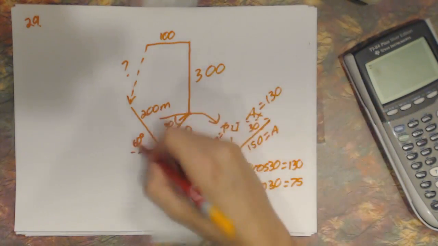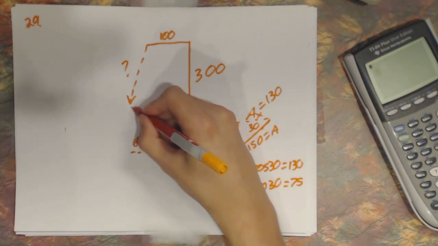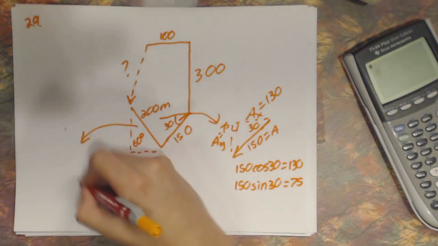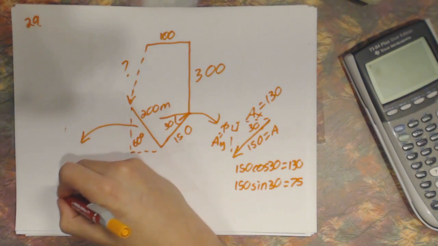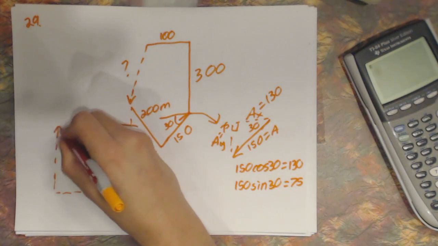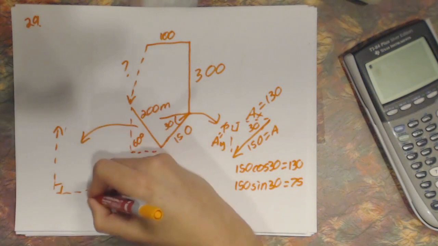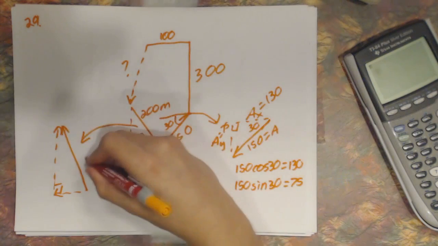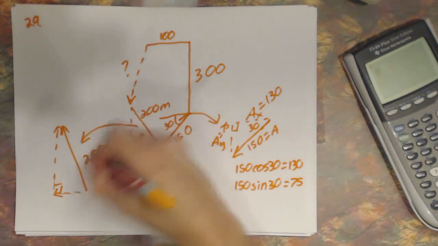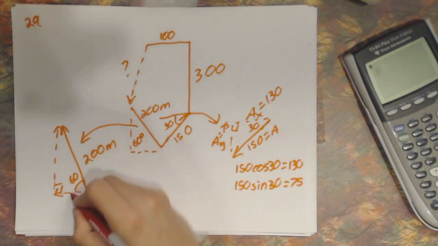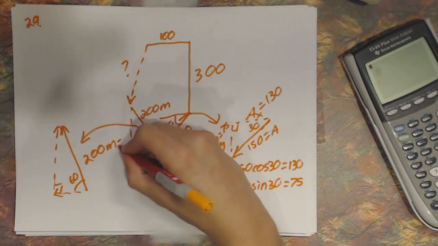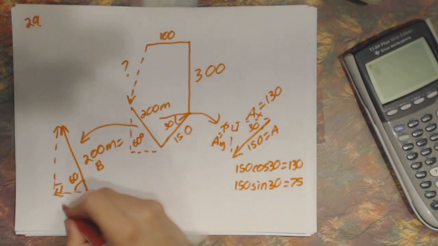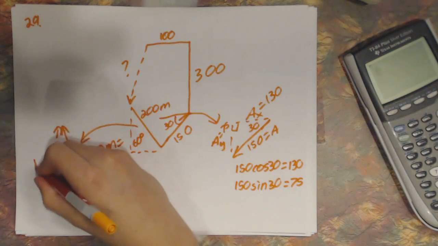And then we're going to do the same thing over here, and take this triangle, pull it out. So this is 200 meters, this is 60 degrees, and we will call this vector B. So we want our B sub x and our B sub y.